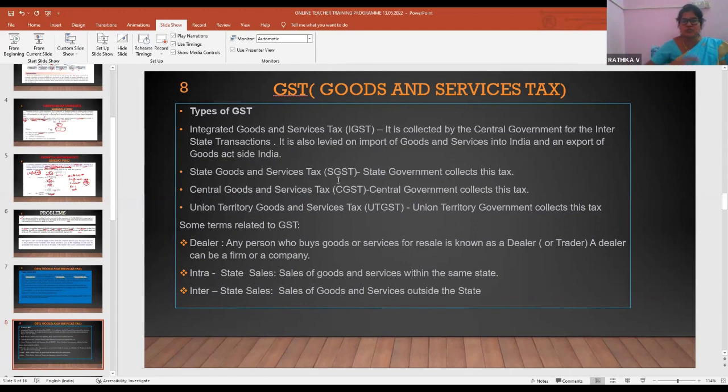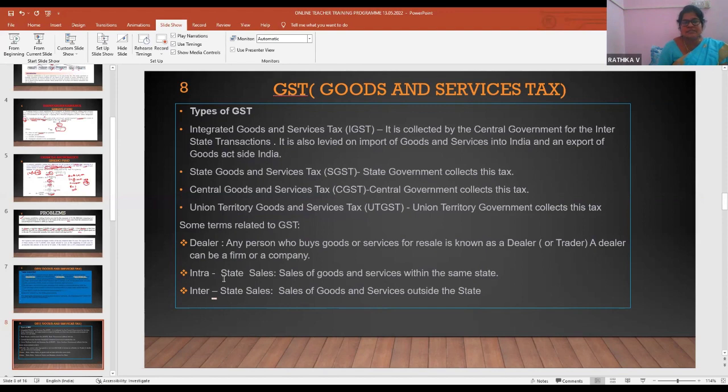And here, suppose in the same state, Tamil Nadu, we are buying some items in the same places within this particular state. It may be from district to district, it's not a problem. Within the same state, we call it SGST. So within the state we are selling, that is intrastate.